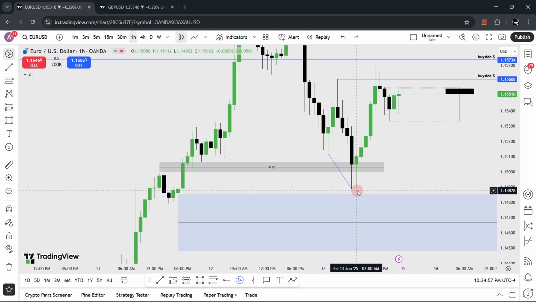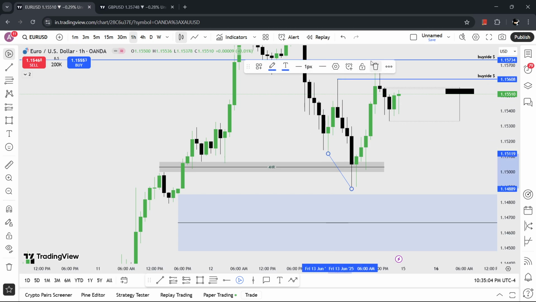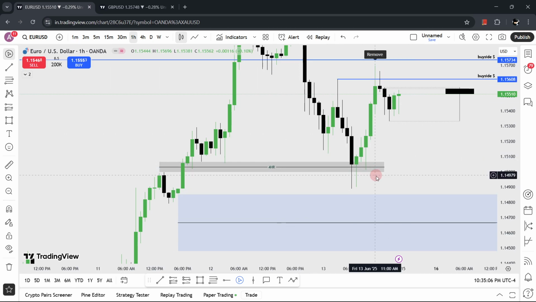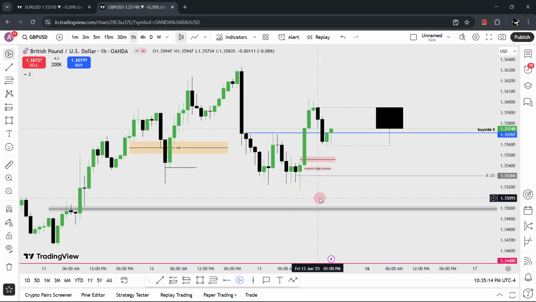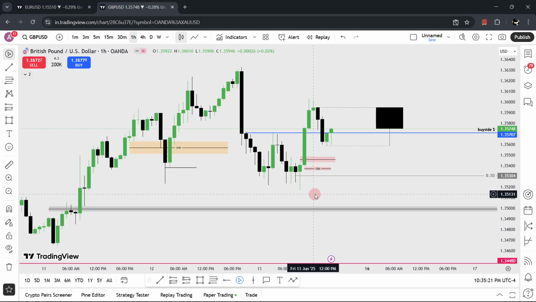This 6 a.m. and 7 a.m. Yeah, sorry, I made a mistake here. After coming to this fair value gap, right? Sorry, I just made a mistake. You know, 6 a.m. and 7 a.m. Here you have your 6 a.m., 7 a.m. candle, okay, 9 a.m. Here you have your SMT. Here you have your SMT, okay.